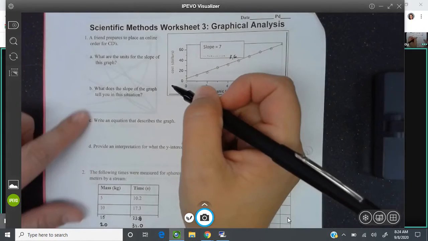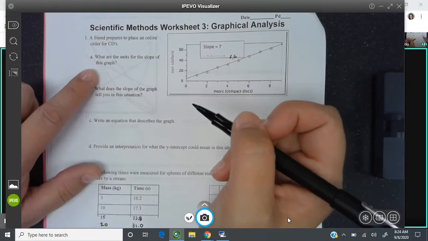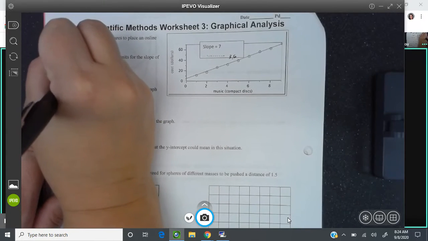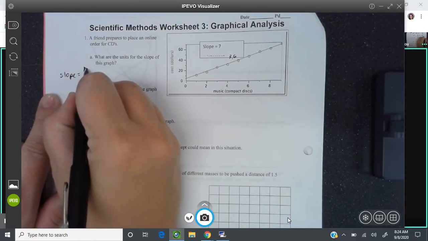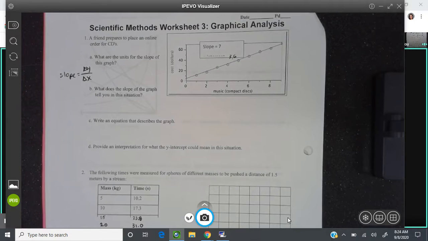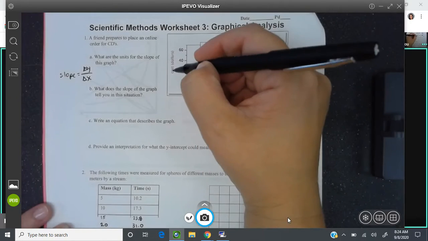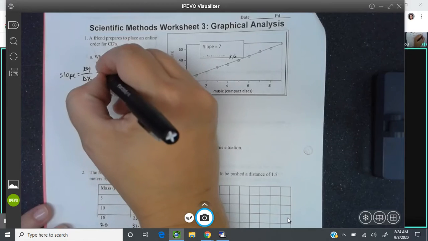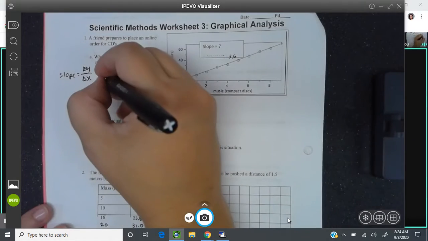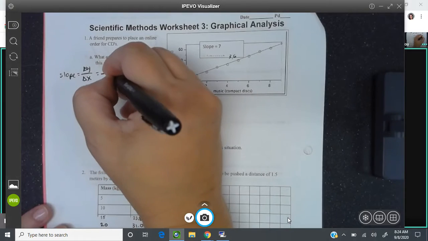Anyway, so what are the units for the slope of this graph? You remember that slope is equal to the change in y divided by the change in x, and so the units for the slope are going to reflect that. Our units for y here are in dollars, and units for x are in compact discs.